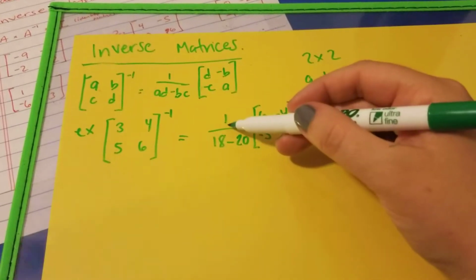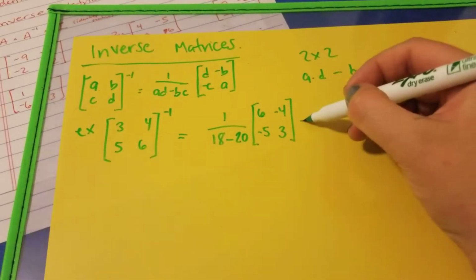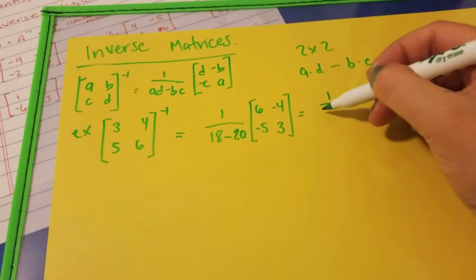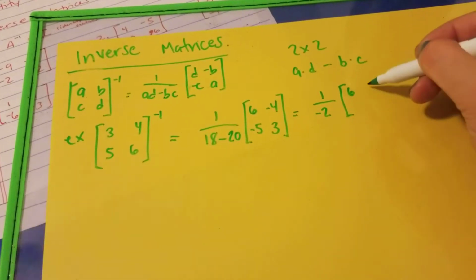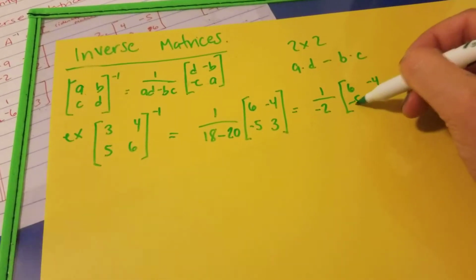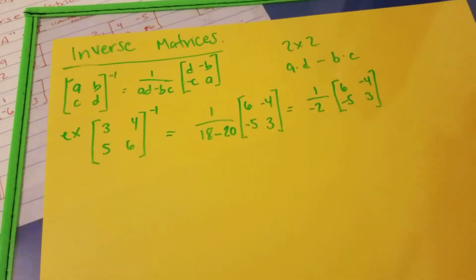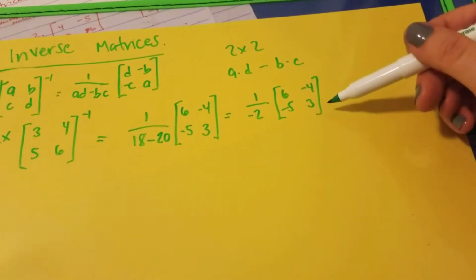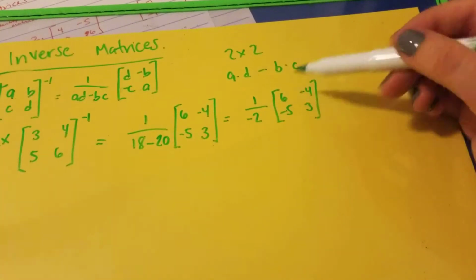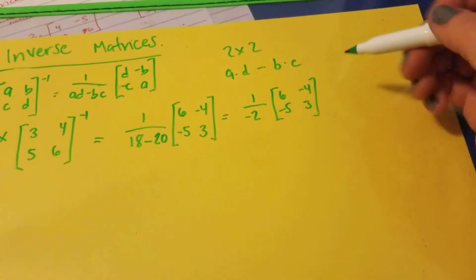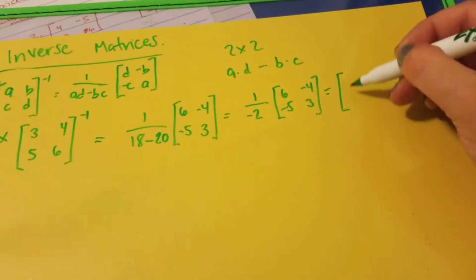Okay, so 1 over 18 minus 20 is the same as 1 over negative 2, times 6, negative 4, negative 5, and 3. So this is going to be a scalar multiplication. Half of 6 is 3, but it's negative, so negative 3.